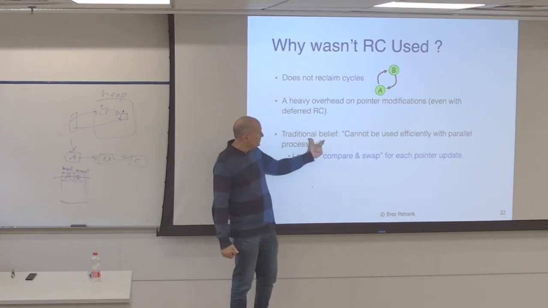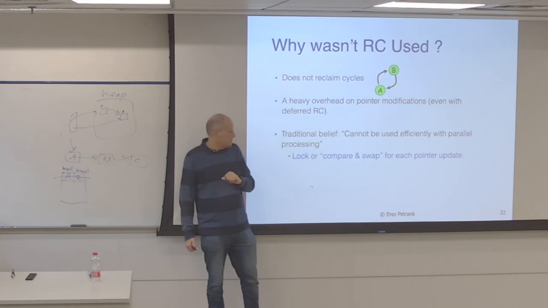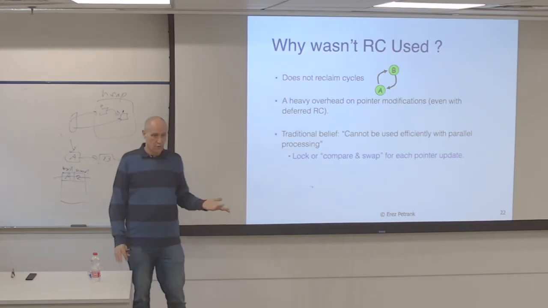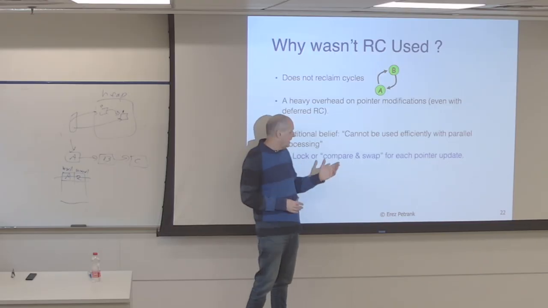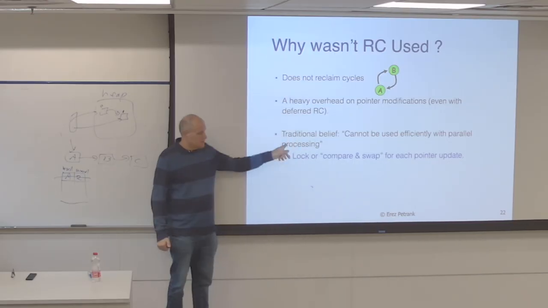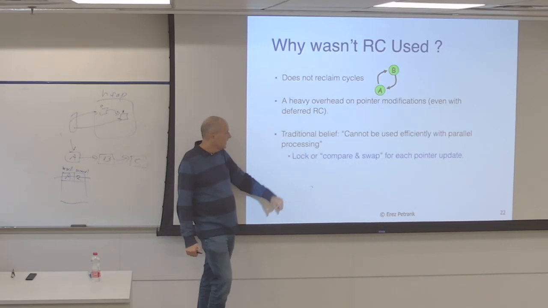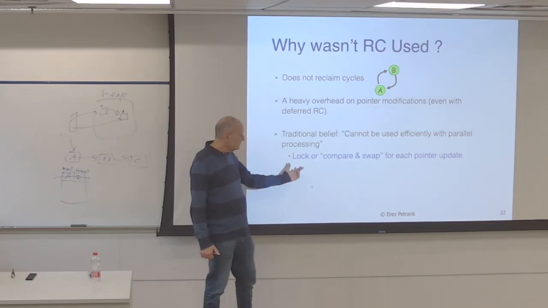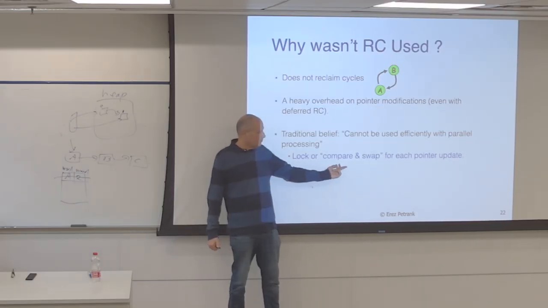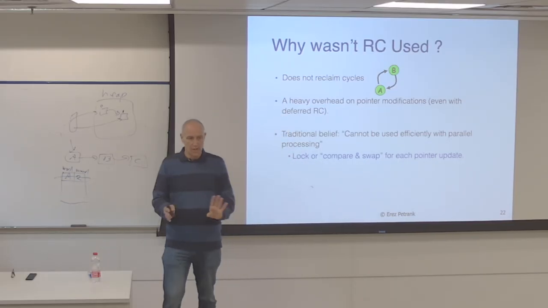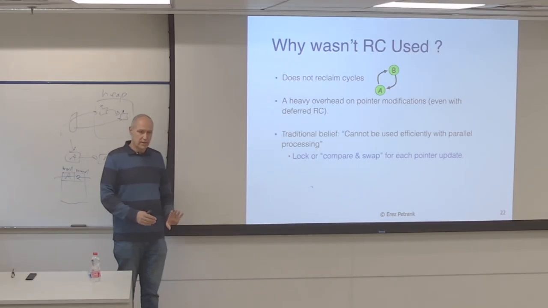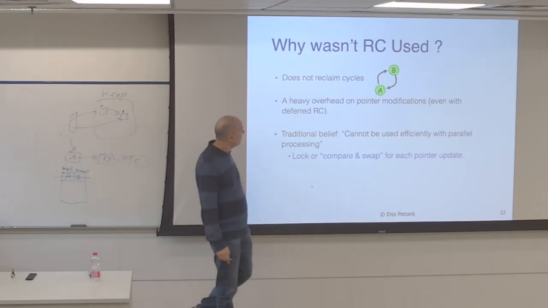And then there was a traditional belief that it cannot be used efficiently with parallel processing. So you don't want to use locks whenever you change. And I'm going to talk about this a bit more now. But you will have to use a lock or a compare and swap for each pointer update. You cannot update pointers without basic locking, which is a problem.